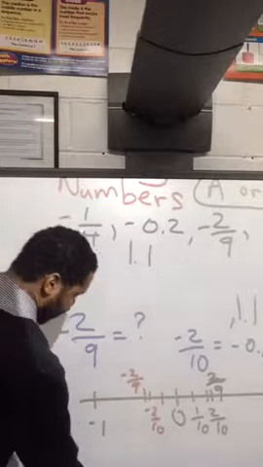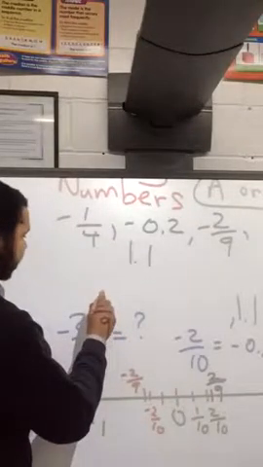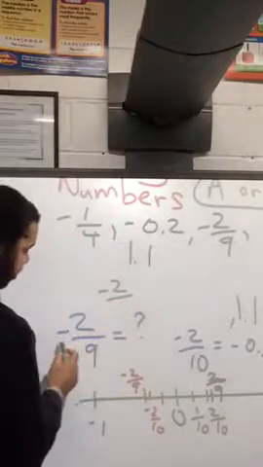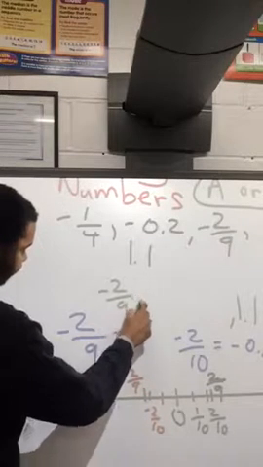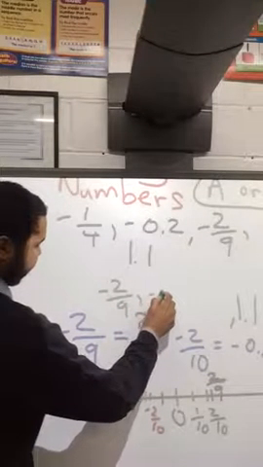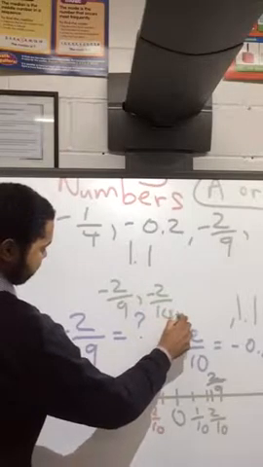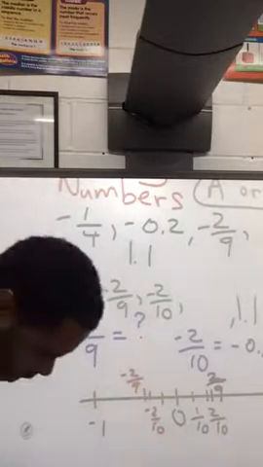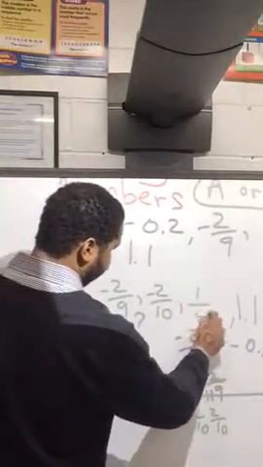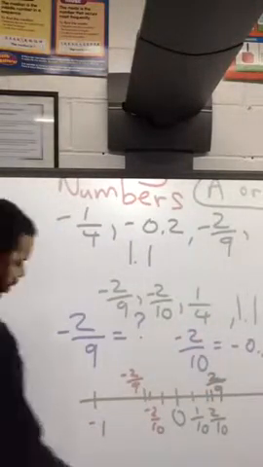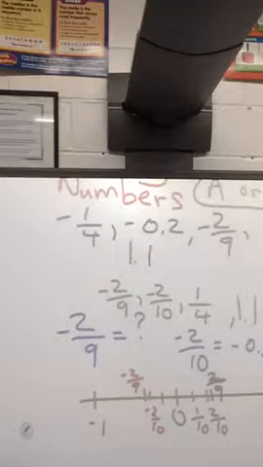So my list is going to look like this: -2/9 is going to be farther left, then -2/10, and then 1/4 and 1.1. So that was a brain teaser.